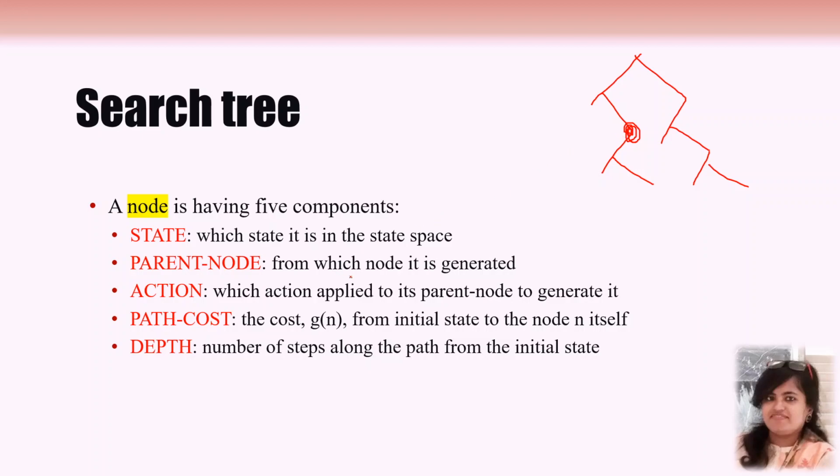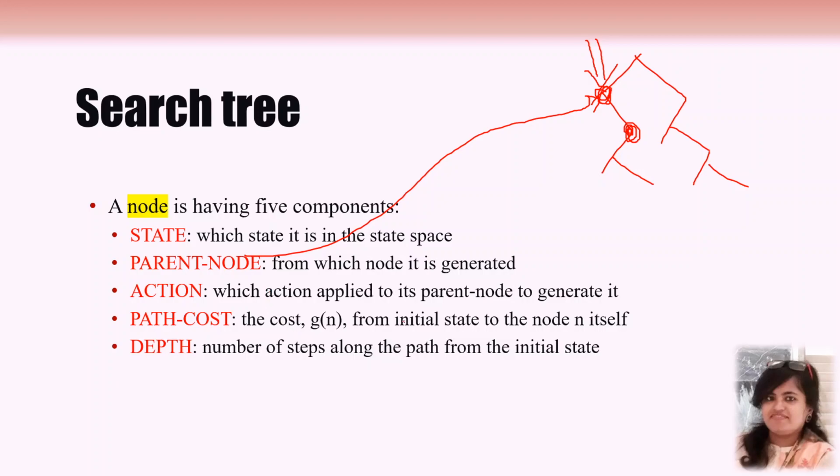Now the parent node, that is from which node it is generated. Suppose it is generated from this, so it becomes the parent node. Now the action, that is which action is applied to the parent node to generate it. Some action will be applied to the parent node to generate the child node. So that is the action.